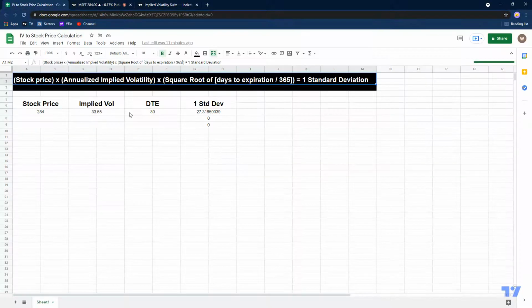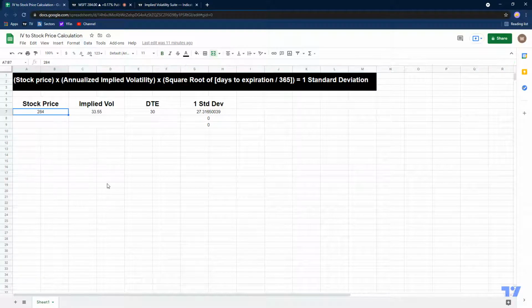Basically, I've got a calculation in here. The current stock price, the closing price of Microsoft today, is 284. The implied volatility that I see in the Thinkorswim platform is 33.55%. This is the 30-day implied volatility, and that's what is being calculated there.